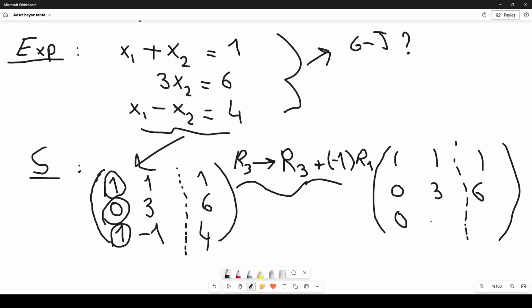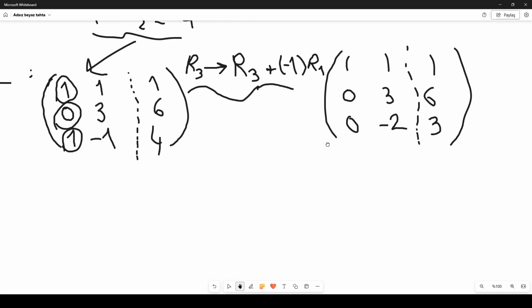We have 0 here, and we have -2 here, because I multiply the first row by -1 and add it to the last row: -1 plus -1 is -2, and -1 plus 4 is equal to 3. So good, let's keep going.